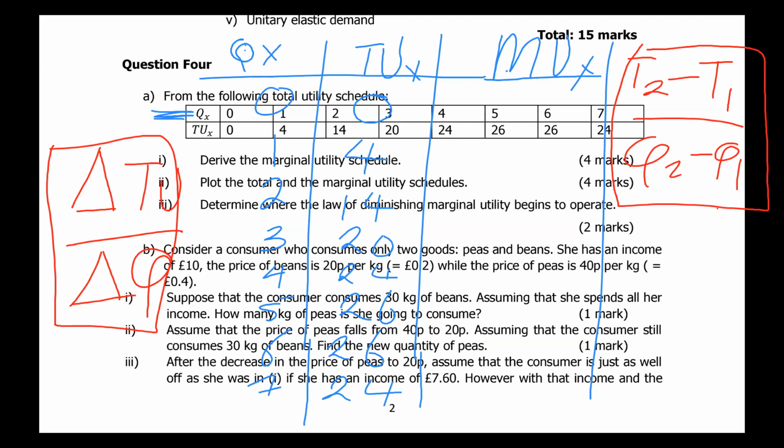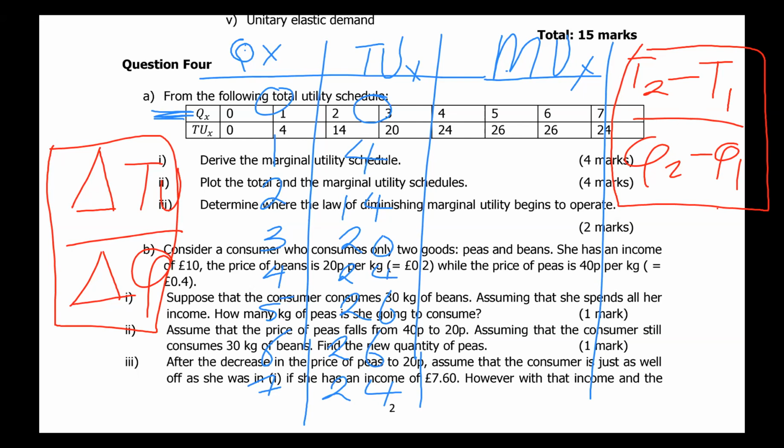So now, how is it done? When you have 0 units and total utility is 0, marginal utility will be 0. So you always start with total utility at the first unit.